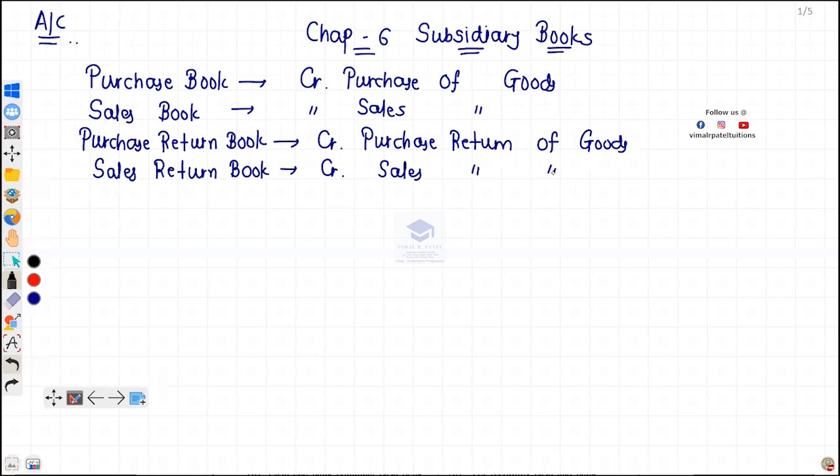Now, subsidiary books can be of different type. It may be simple subsidiary book, where there will be only one column for amount, whenever you are dealing in only one type of good.